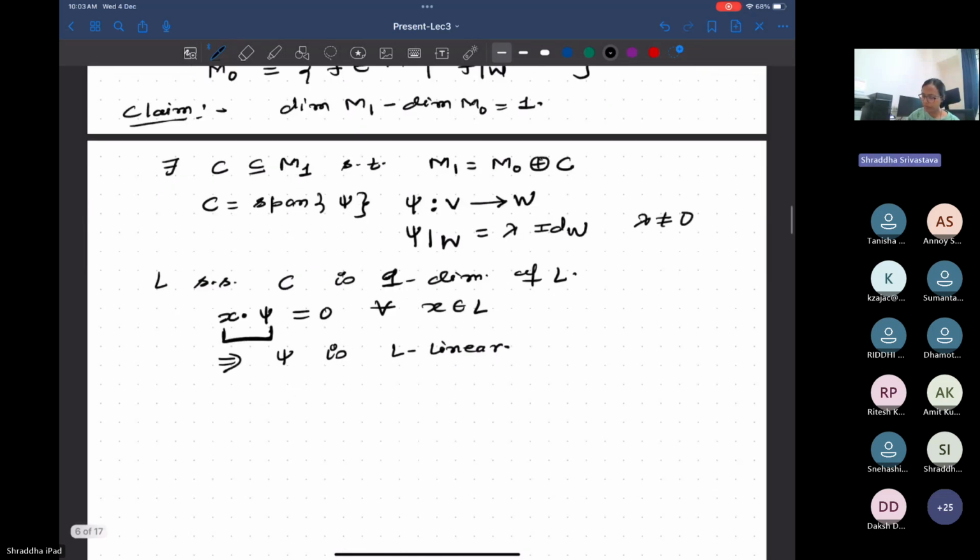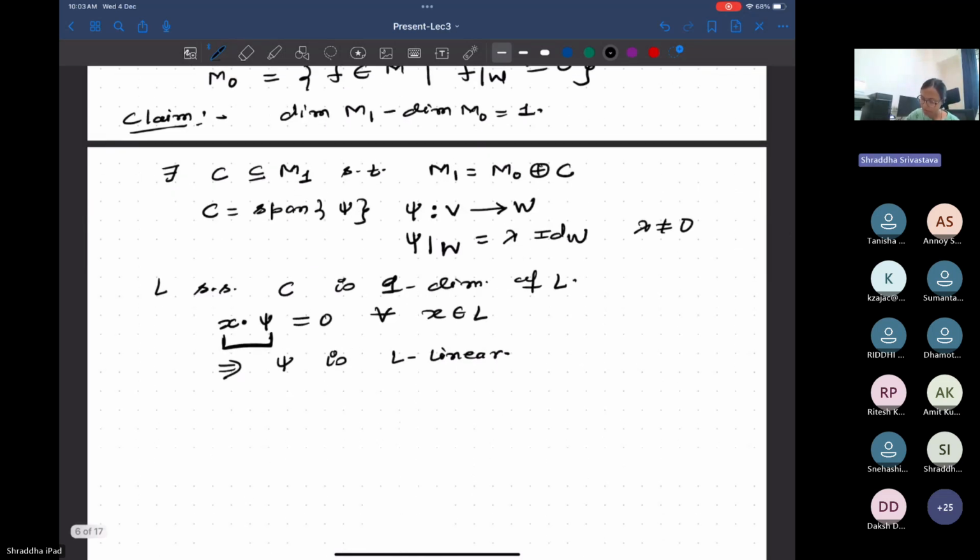Okay, then after that we are done. So we have an L linear map psi from V to W, and the restriction of psi to W is lambda times identity on W, and lambda is not 0.